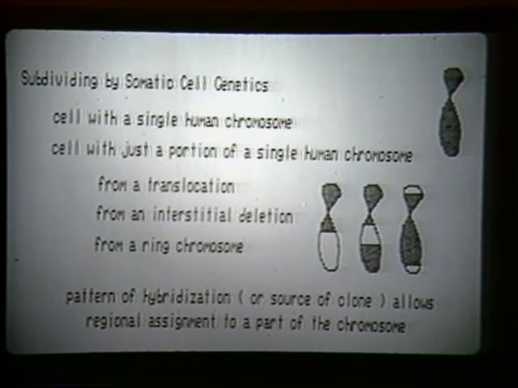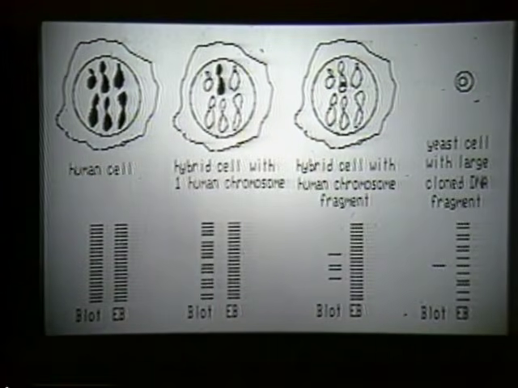All right. Now, the next thing, having collected a bunch of probes, having characterized them or accepted other people's characterization of them, we wanted to get some measure of how complicated the physical map of chromosome 21 was going to be. And to do that, we took advantage of these hybrid cells in the following way. If we start with a hybrid cell containing just a single human chromosome, and we cut it with a restriction enzyme, and we separate all of the pieces using pulsed field electrophoresis, then if we stain the DNA with just a colorimetric stain, of course, we'll see all 6,000 fragments that correspond to both the rodent genome and the human chromosome.